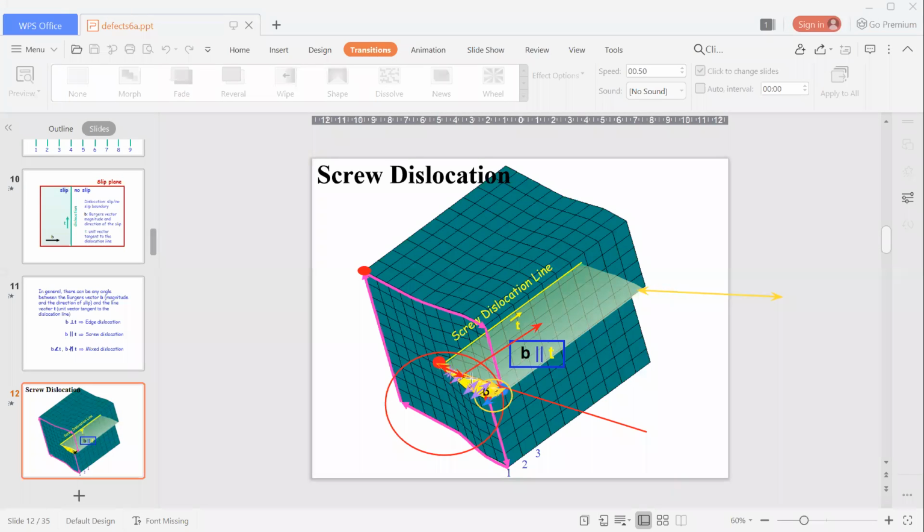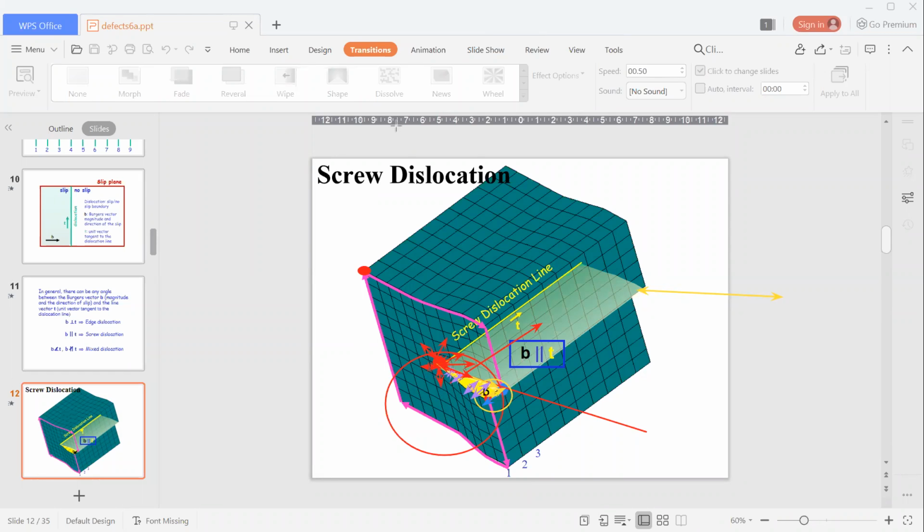So let's say this is my radius. If I draw an equal radius in all directions, then you can see it makes a circle where all atoms will undergo an equal amount of shift.